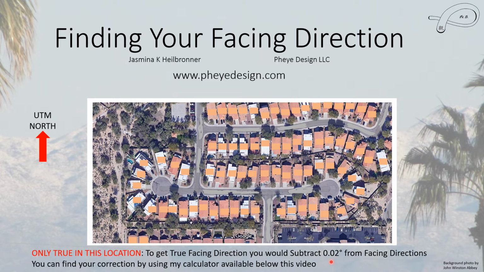But if I have your site plan, I can make this correction because the site plan goes to like 4 digits. But again, this only applies to this location. This is not for everybody. You need to use my calculator to find what correction you need for your house.